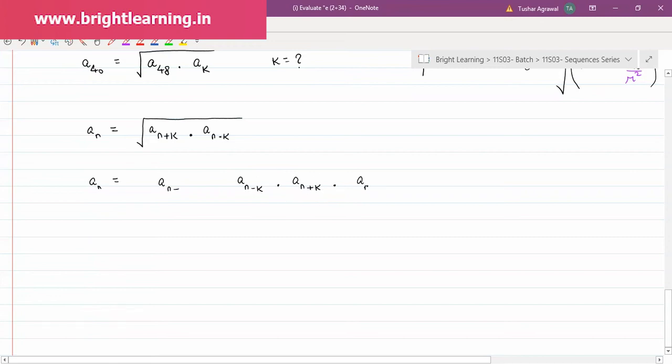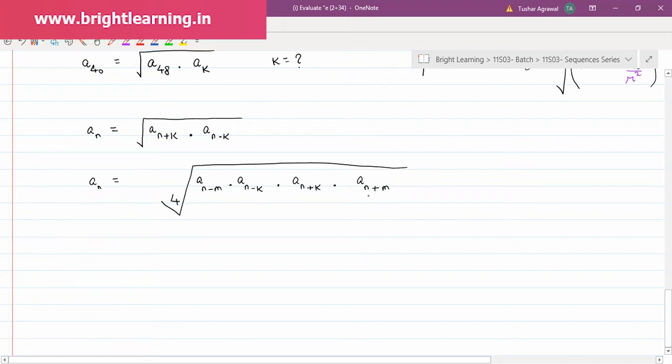Let me also go m steps forward, so I will also return back m steps, n minus m. K steps forward, k steps backward, m steps forward, m steps backwards. All of these numbers, 4 products. Now here I will not take the under root, but I will have to take the 4th root. Think about this. Do you agree with me? Yes, sir.